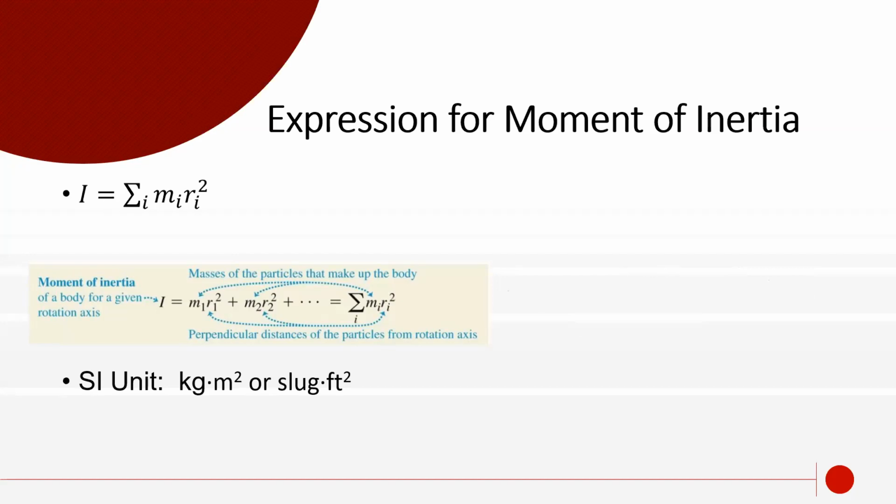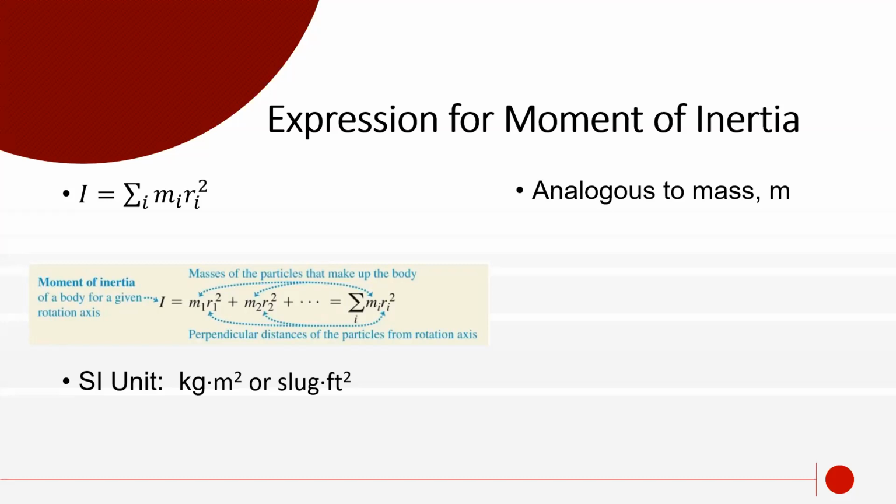Rotational inertia has the dimensions of mass times length squared and is usually expressed in kilogram meter squared or slug foot squared. A slug is a unit of measure used when mass is described in pounds rather than kilograms. Our problems will typically use the SI unit of kilograms for mass.